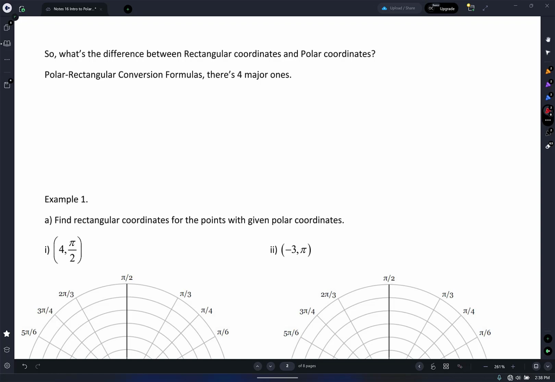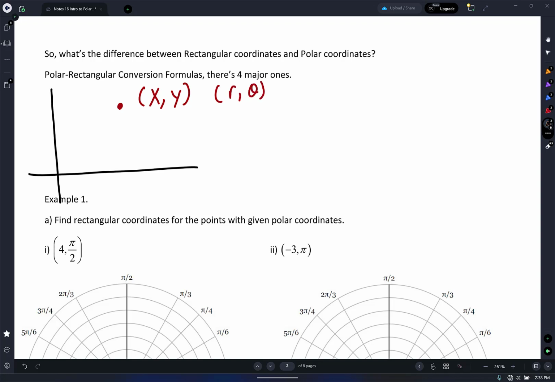So let's derive them. Don't worry, it's not a rocket science derivation. I'm just going to exaggerate the first quadrant. I'm going to put a point in rectangular or Cartesian form. That point is x, y. In polar form, it's r comma theta.